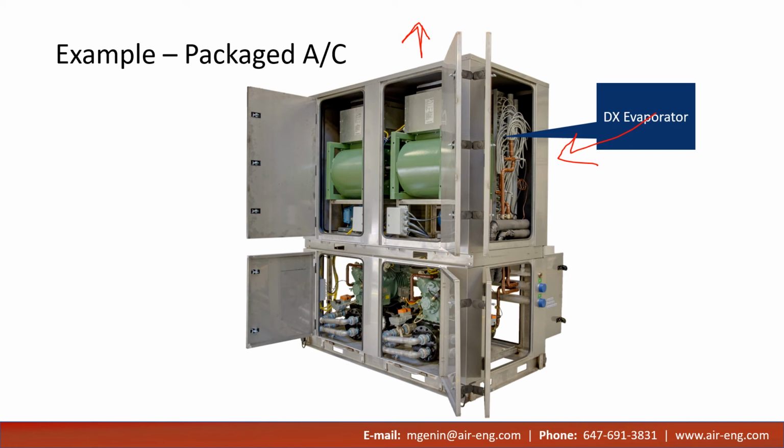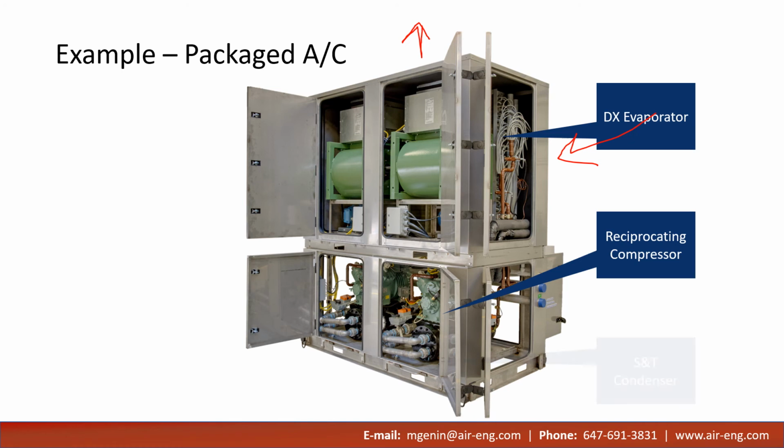to our expansion device. Looking below, we can see the two compressors, and they appear to be a semi-hermetic reciprocating type. And we can also identify the two shell and tube condensers, and it's obvious that these are water-cooled condensers because we can find, in this case, a stainless steel water connection to these condensers.